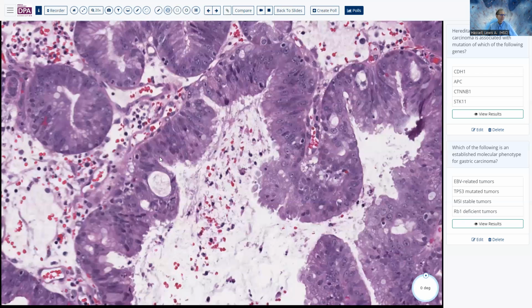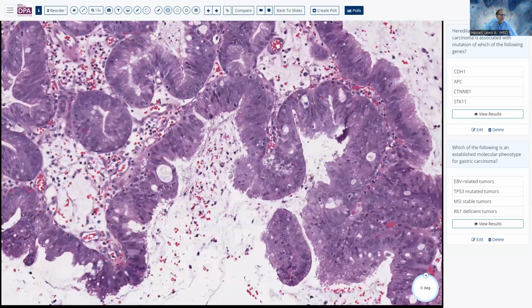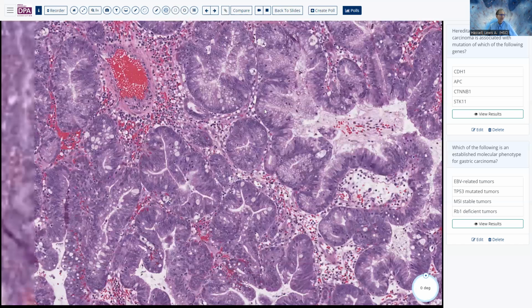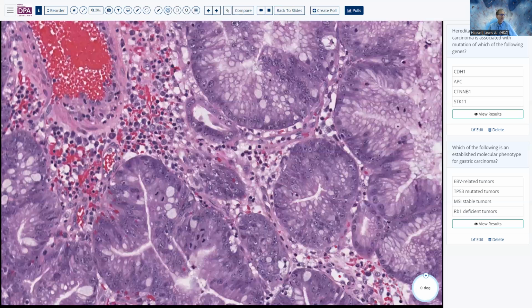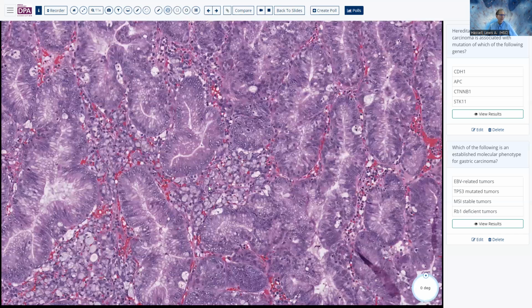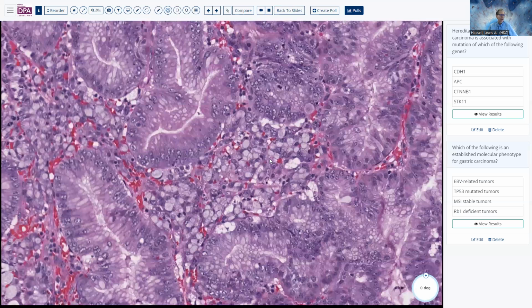And then having recognized that, I hope that you'll come back and study the transition between those kinds of areas, those kinds of cells, and the more serious problem that we see right here, which is actually signet ring cell carcinoma or poorly cohesive carcinoma involving the lamina propria.